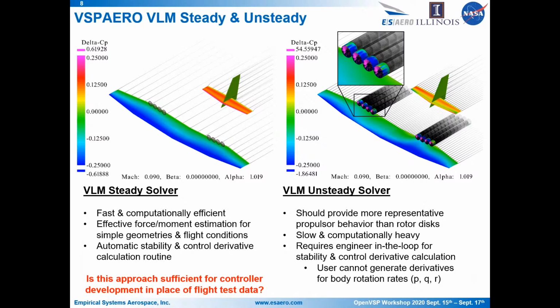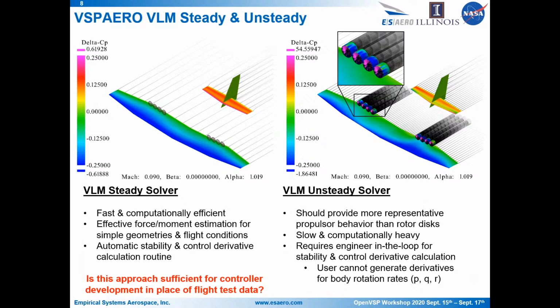also wanted to explore that for producing similar data sets, primarily because we were interested in what might have been a more representative propulsor behavior rather than the rotor disks used in the steady solver.